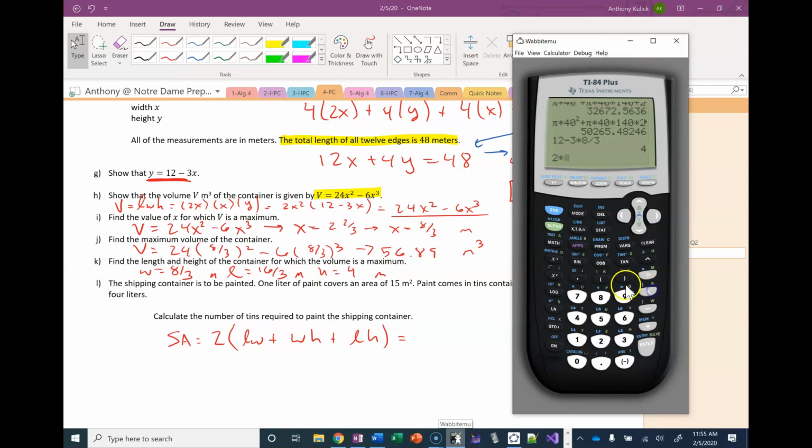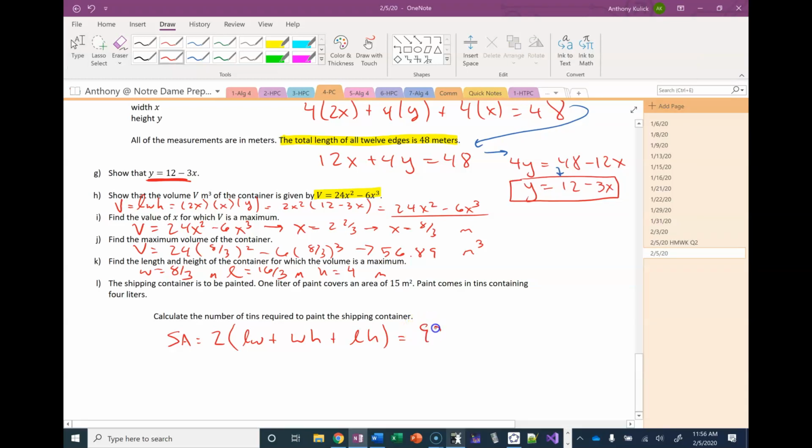So we have 2 times 8/3 times 16/3, plus 8/3 times 4, plus 16/3 times 4. So that's 92.44 meters squared.